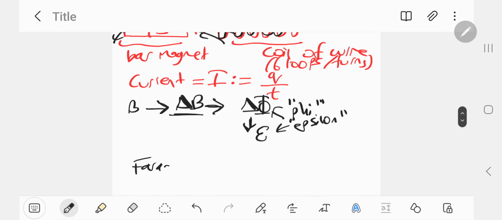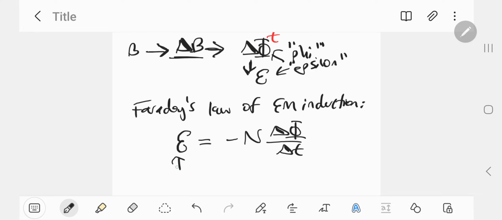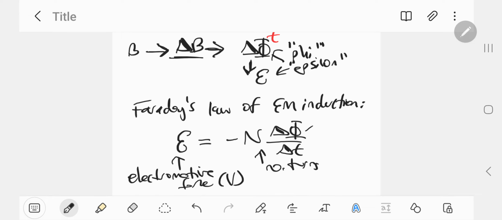So Faraday's law of electromagnetic induction, of EM induction, is given as follows. Epsilon is minus N delta phi over delta t, where epsilon is the electromotive force. I'll talk about that now. Electromotive force has units of volts. N is the number of turns. In this case there's 6.